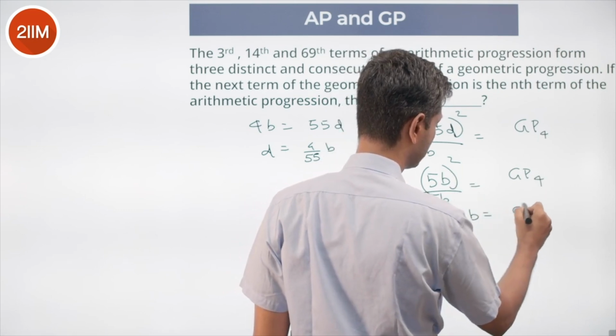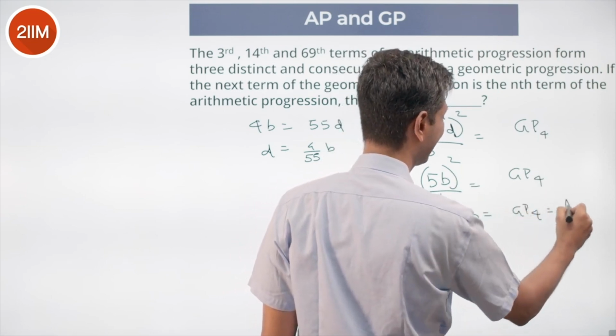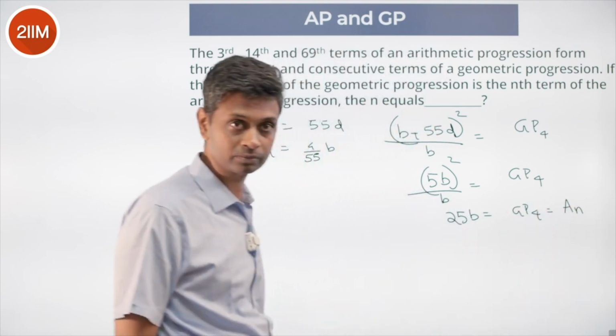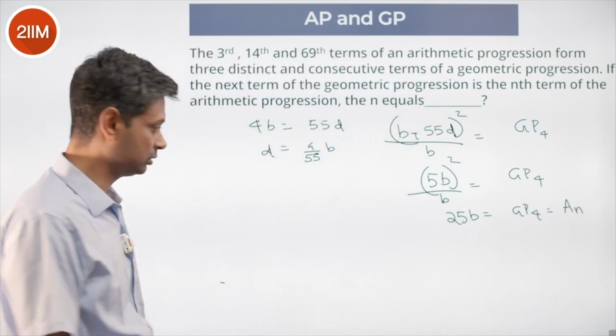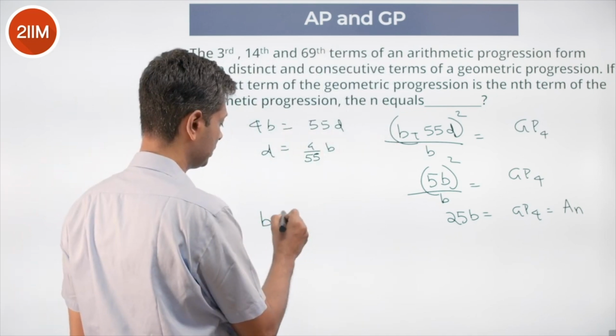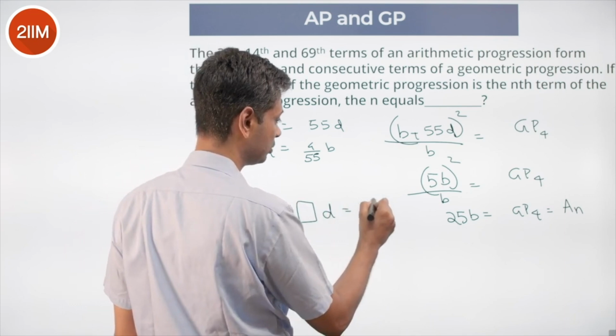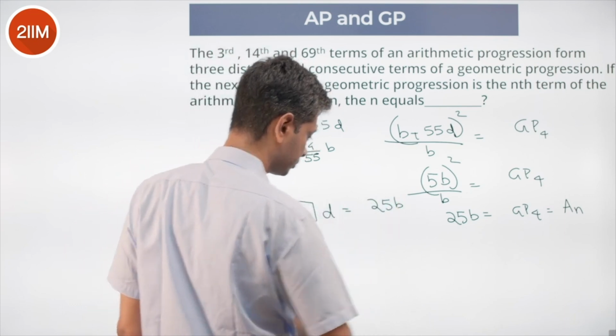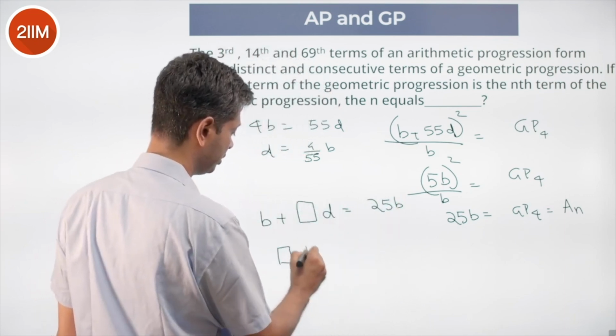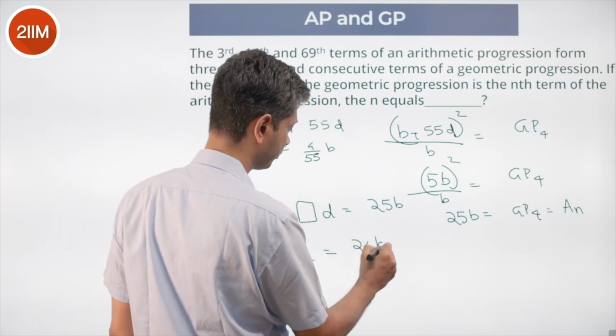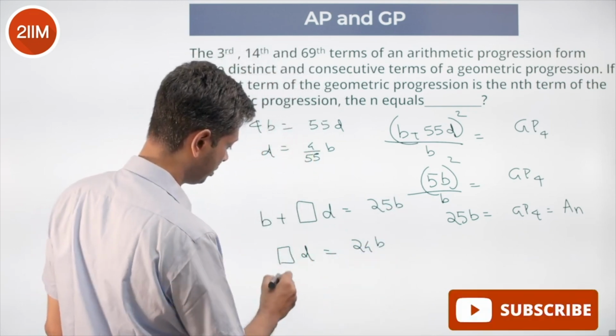This is the fourth term of the GP, and this is the nth term of the AP. So the AP was anchored around b. B plus some number of times d equals 25b, or some number of times d is 24b. d is 4 by 55b.